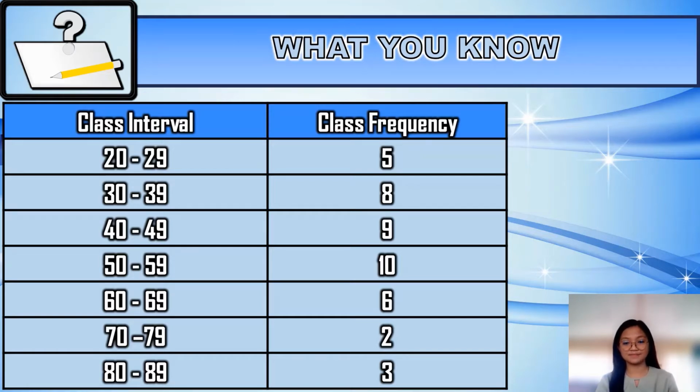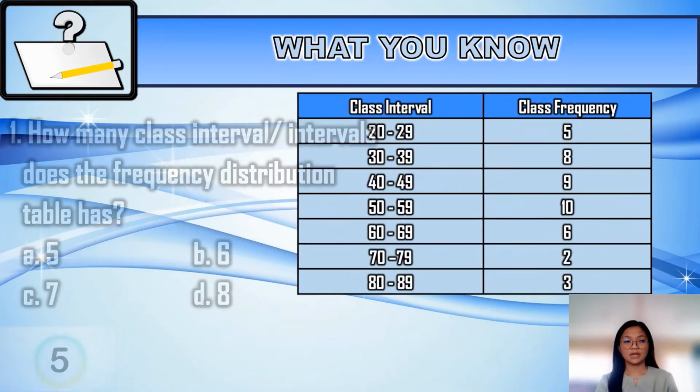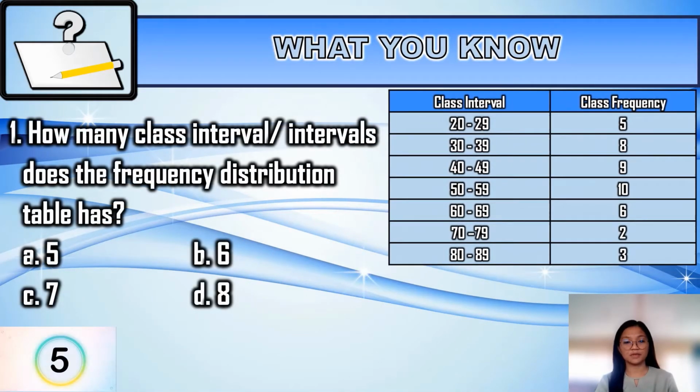Are you ready? Okay, number 1. How many class intervals does the frequency distribution table have? A 5, B 6, C 7, D 8. Timer starts now. What is your answer?